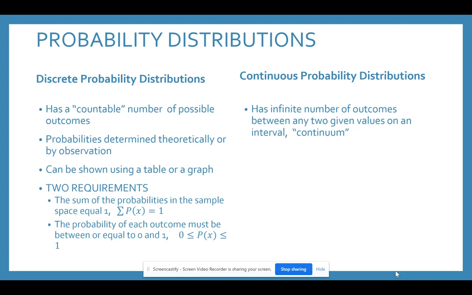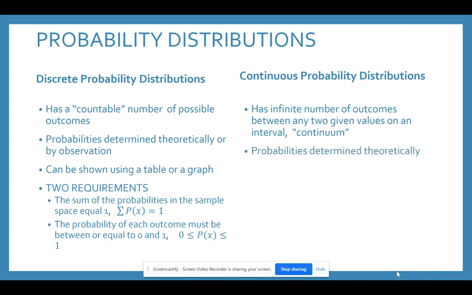Remember, we think of it as a continuum. We talked about this with continuous variables, how, like on a measuring stick, it's not just 0 and 1. We can break it down into halves or quarters or eighths or 16ths. So you can fill in those gaps, and so you have an infinite number of possibilities.